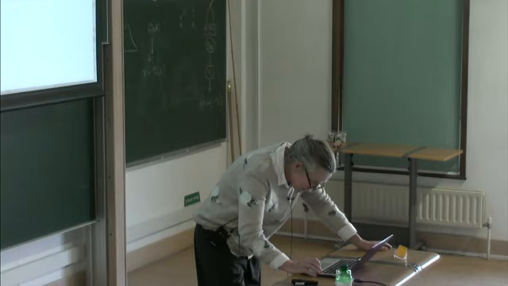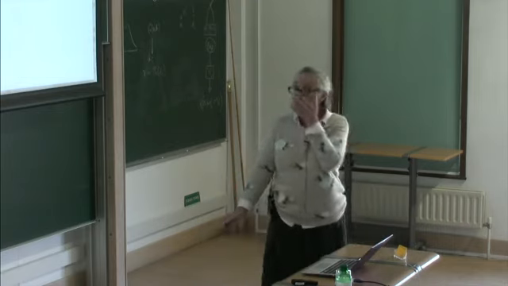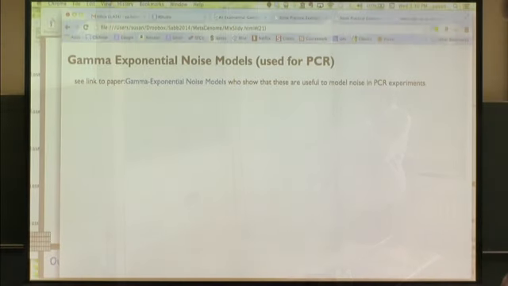and the binomial. Another mixture which is used nicely in applications, and Penny's not there, but that's why I thought she might be interested in this one, is the model which is often used for PCR error, a gamma exponential noise model. So you generate the parameter of the exponential with a gamma.